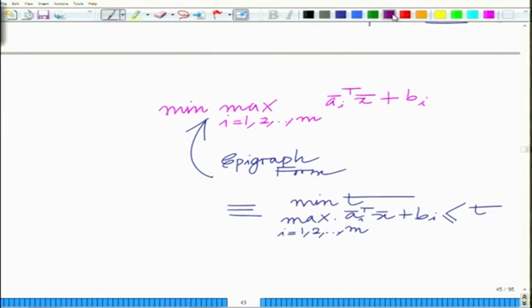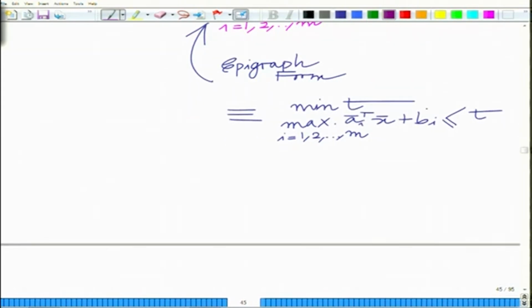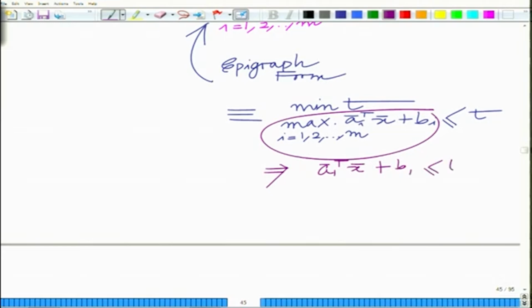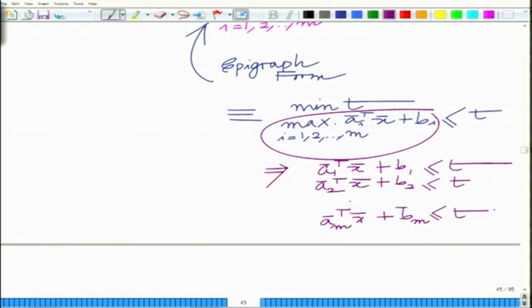So, this is our constraint. Now, obviously, since the maximum is less than or equal to t, this implies that each of these is less than or equal to t, which means a1 bar transpose x bar plus b1 is less than or equal to t, a2 bar transpose x bar plus b2 is less than or equal to t, and so on, up to am bar transpose x bar plus bm less than or equal to t.